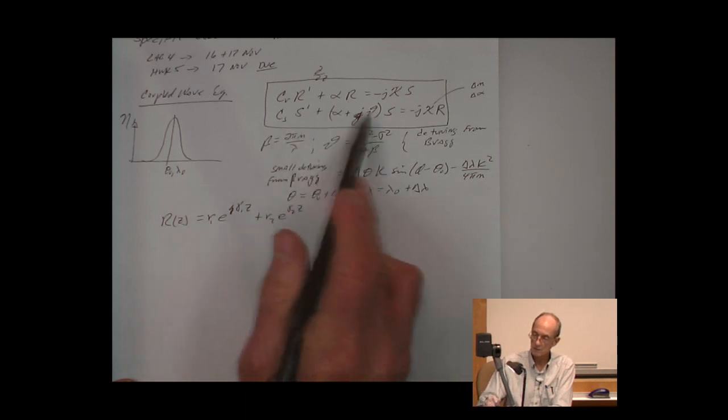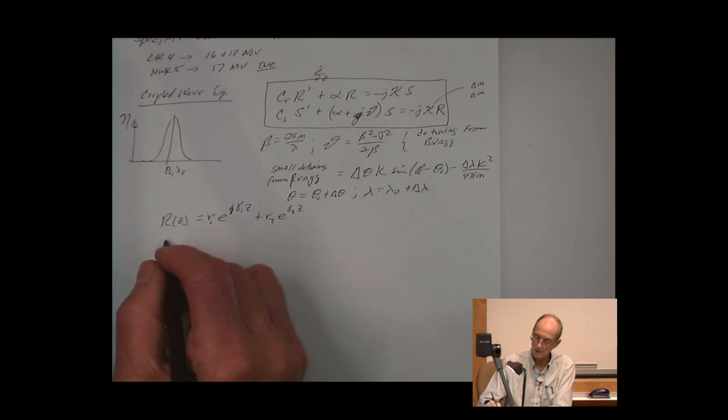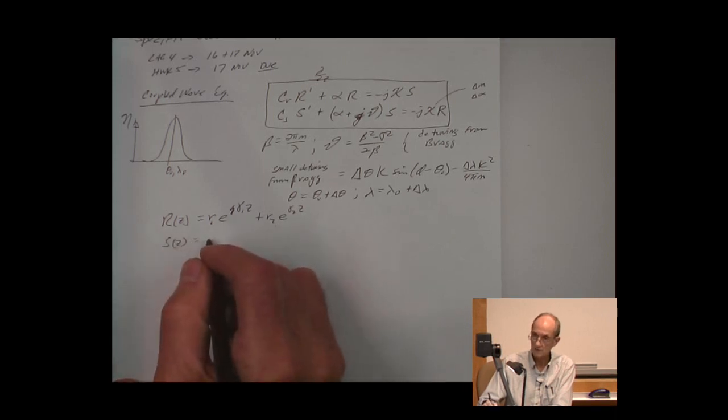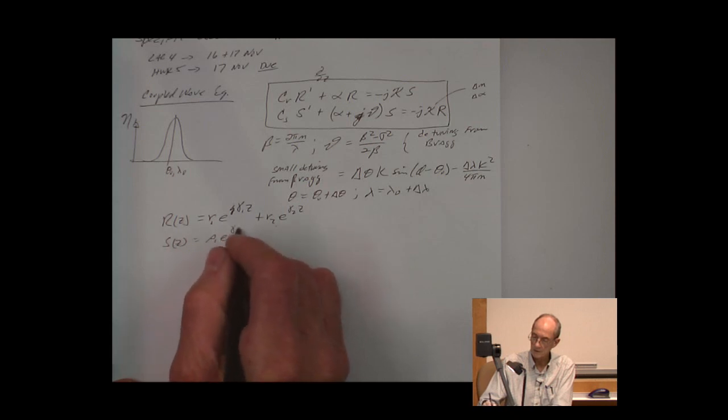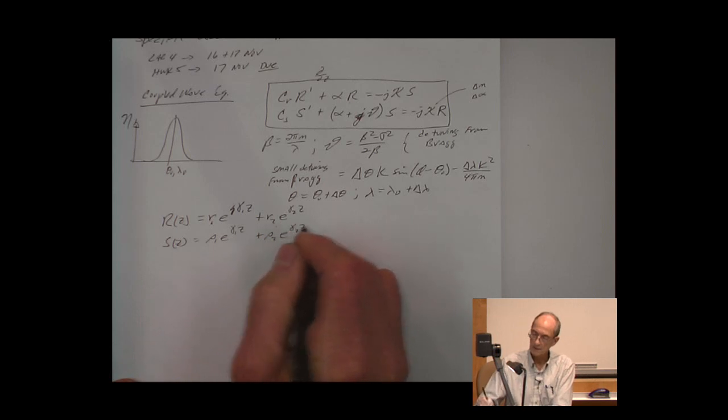Since, again, these are first order differential equations, and R1 and R2 are constants, we have a similar case for the diffraction field, S1 e to the gamma 1 z plus S2 e to the gamma 2 z.